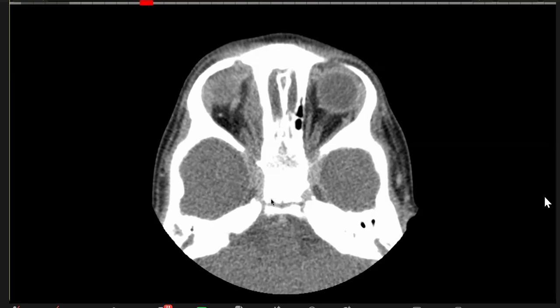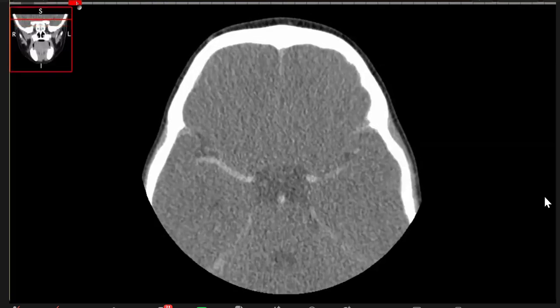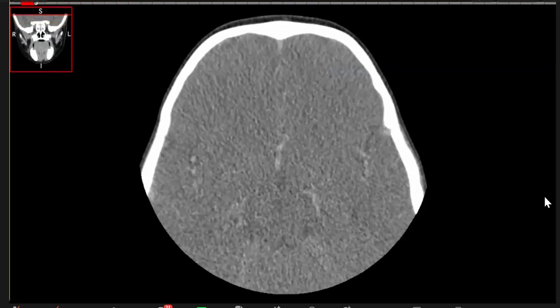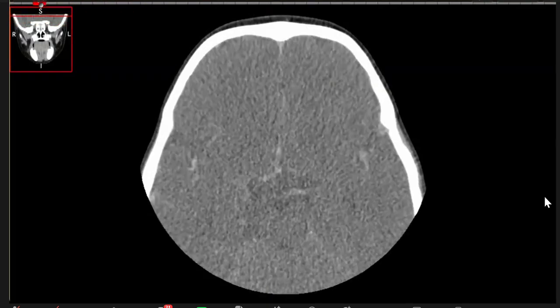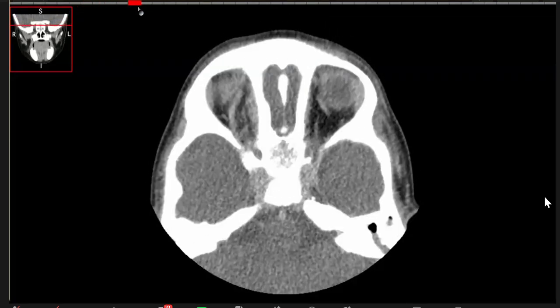So, I have been provided with the CT scan as I am trying to scroll. CT scan axial section with contrast of a baby who presented with a red eye.